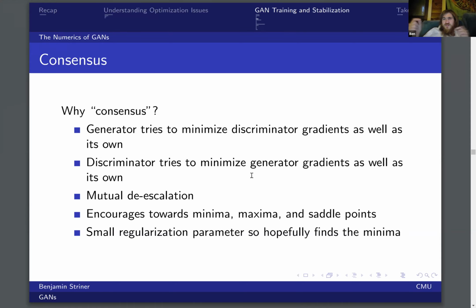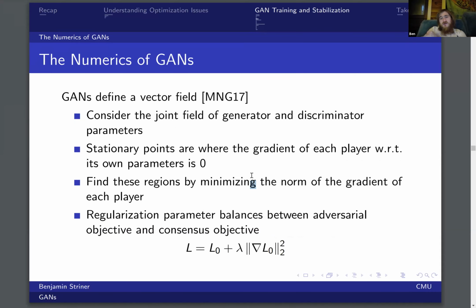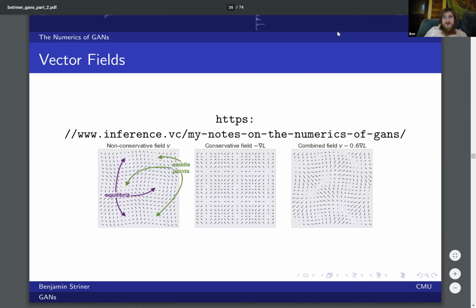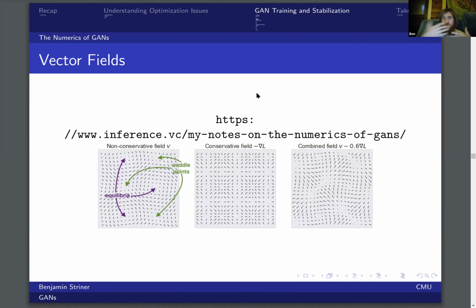That little regularization parameter pushes you and stops those oscillations. There's this lambda in the equation, which is user-defined, 10%, whatever you want it to be, and just that little bit of push is trying to make things stop oscillating and find a safer point. So visually speaking, what does the numerics of GANs do?